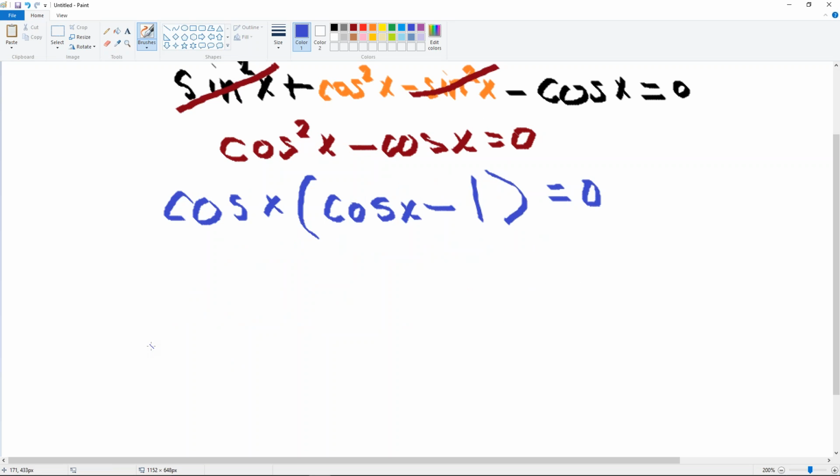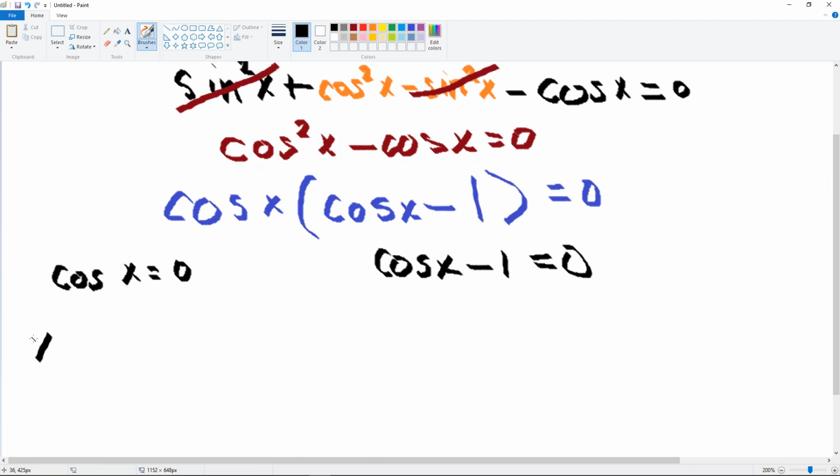You can do that, right? Mm-hmm. So you have cosine of x equals 0 and cosine of x minus 1. So where's cosine of x 0? I can do this one.